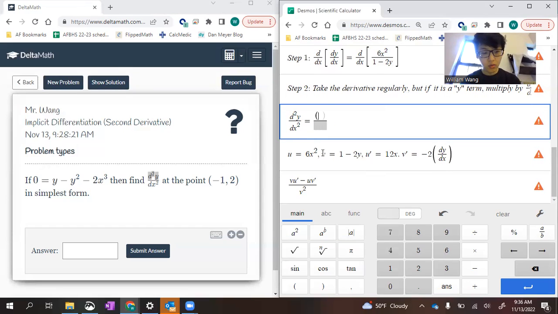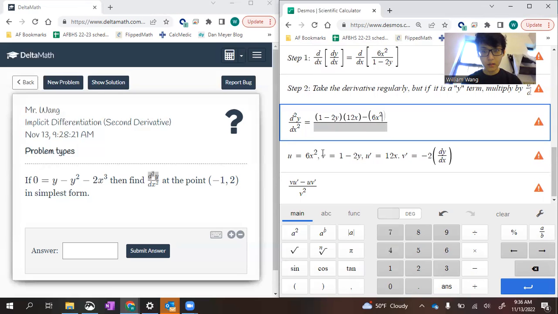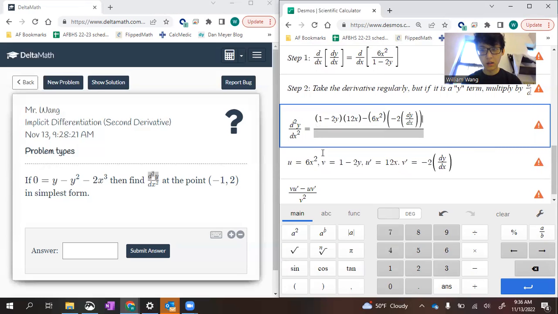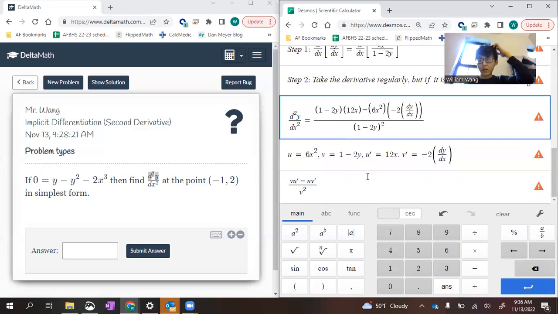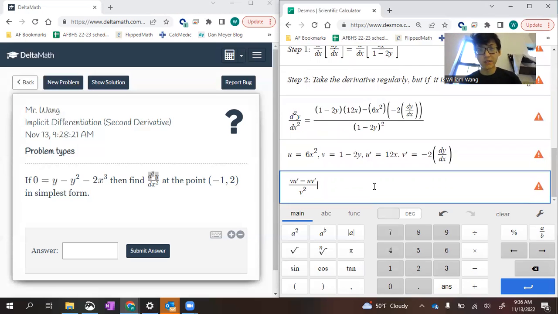Well, v is 1 minus 2y times u prime, so that's 12x, minus uv prime, so minus 6x squared, times v prime, negative 2 dy over dx, all over v squared. V squared is 1 minus 2y squared. Cool. Okay, so I found my second derivative, right? Because I followed all my steps. I found my second derivative.